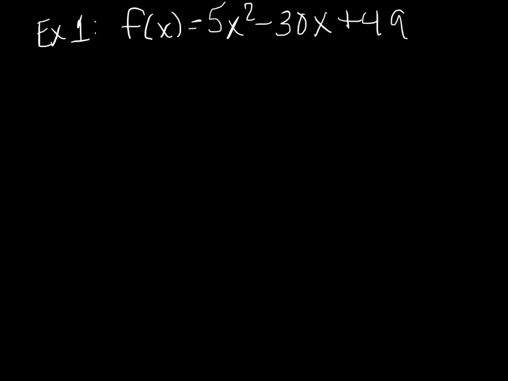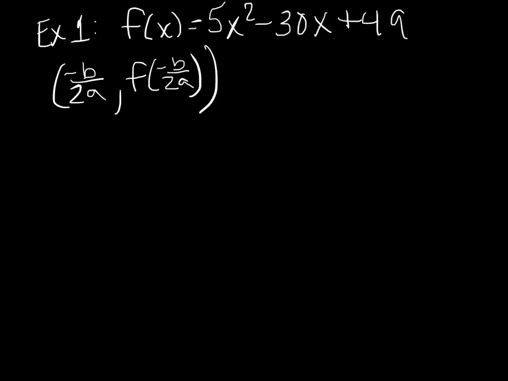Remember, to find the vertex, it's going to be negative b over 2a, and then the y value is going to be f of that. First, let's go ahead and identify what our a, b, and c are. My a is going to be 5. My b is going to be negative 30.